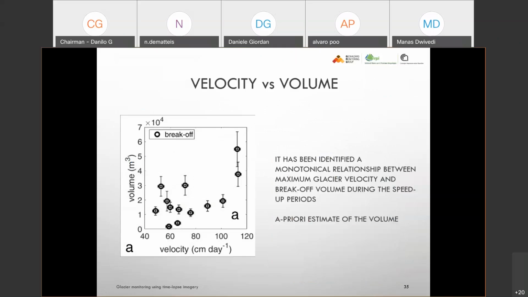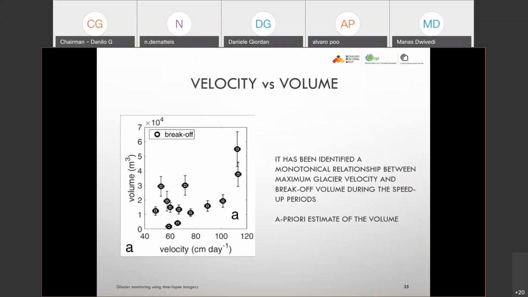But we also found that there is a monotonic relationship between the velocity and the volume of the break-off. Therefore, a higher velocity implies a larger volume of the possible break-off.